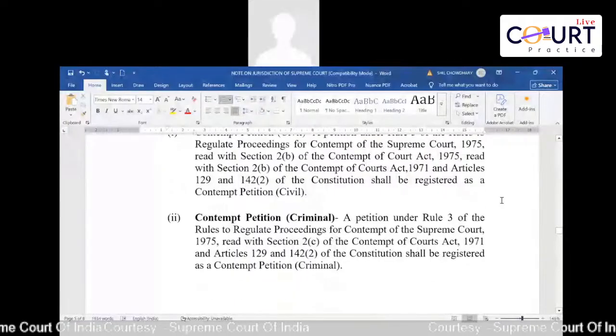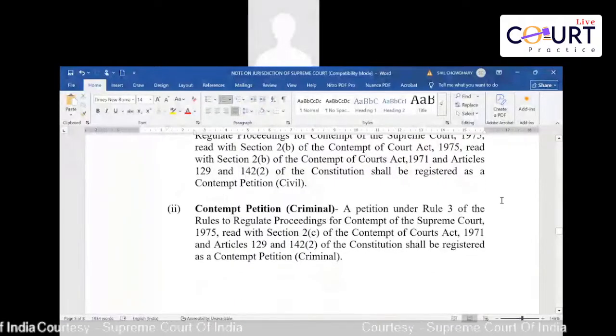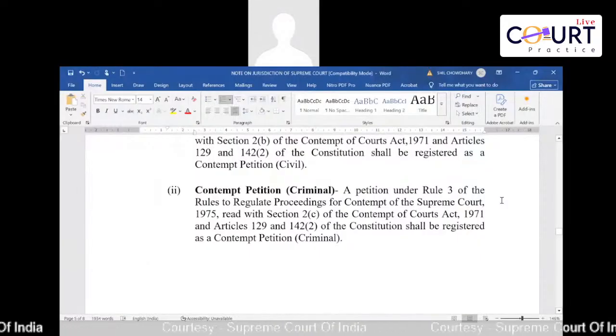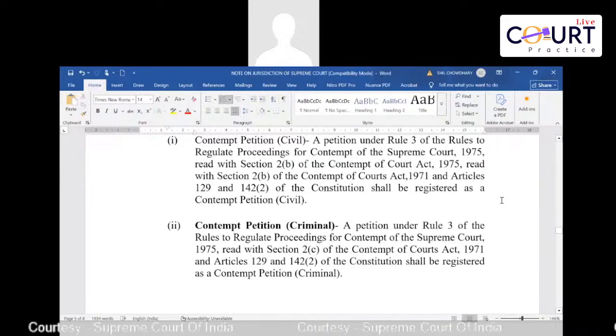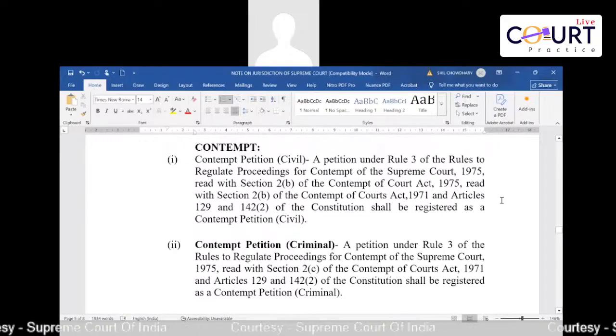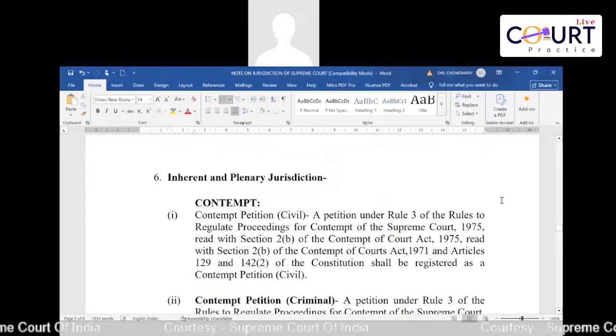Similarly, a petition under Rule 3 of the Rules to Regulate Proceedings for Contempt of Supreme Court, read with Section 2(c), which is criminal contempt, shall be registered as a contempt petition (criminal). Now, this is the inherent jurisdiction.